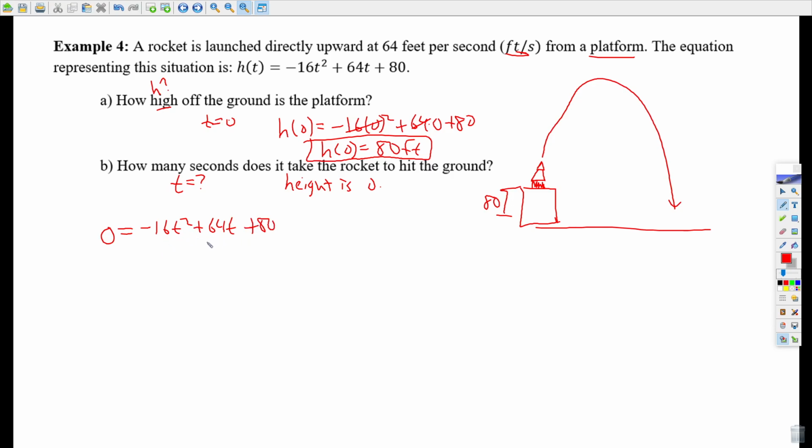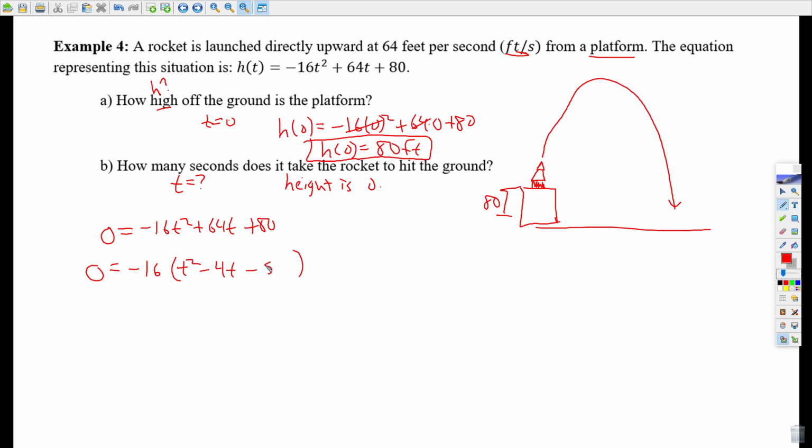Now we'll factor this. Again, 16 goes into all three of these, so I'm going to take that out as a GCF. Divide each one by 16. So we would have t squared, it's going to change these to all negatives now, minus 4t, and then divide 80 by 16.